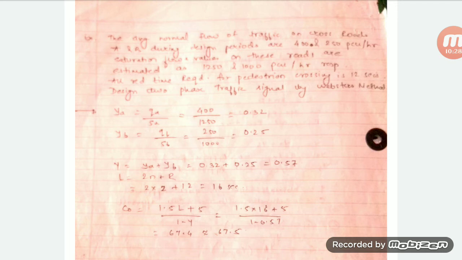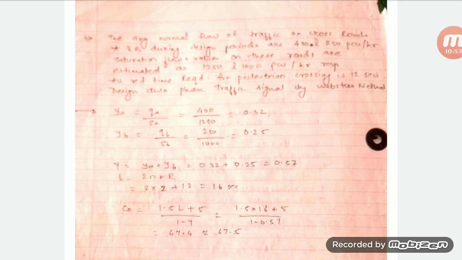Saturation flow values on these roads are estimated as 1250 and 1000 PCU per hour respectively. All-red time required for pedestrian crossing is 12 seconds. Design a two-phase traffic signal by using Webster's method.